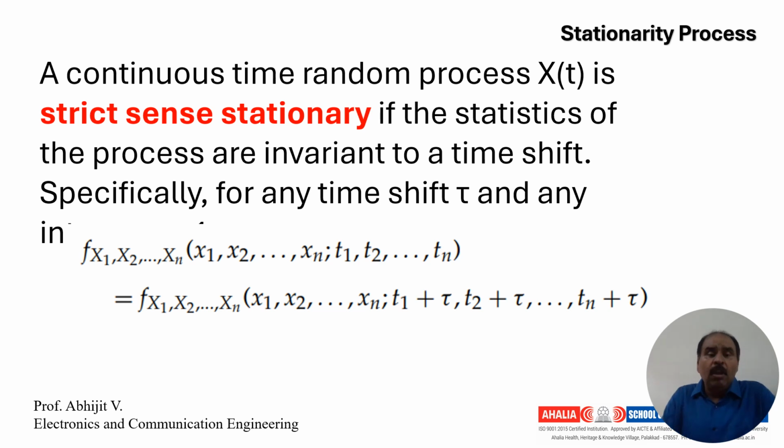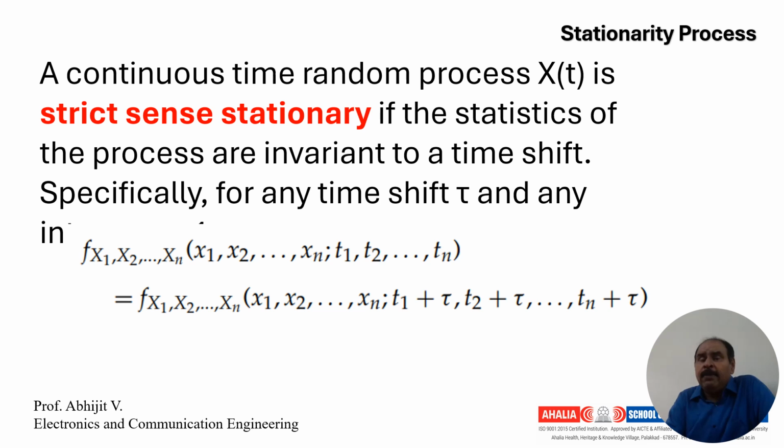A continuous time random process, which is a stochastic process, is strict sense stationary if the statistics of the process are invariant to a time shift. Specifically, for any time shift tau and any values x1 to xn, the distribution function is a function of x1 to xn and the times t1 to tn.